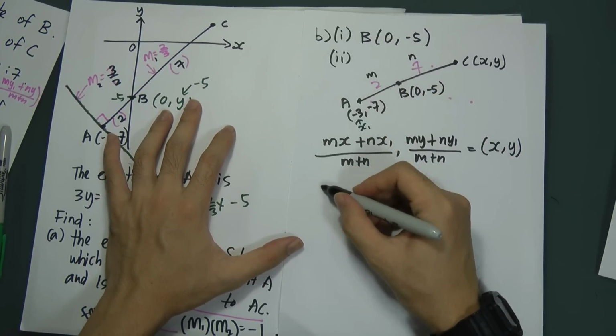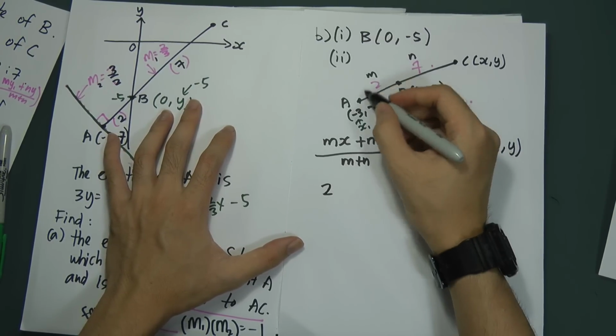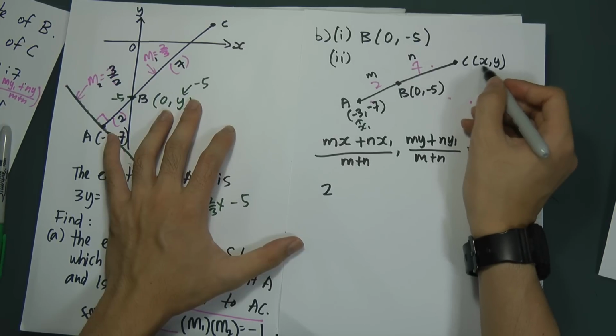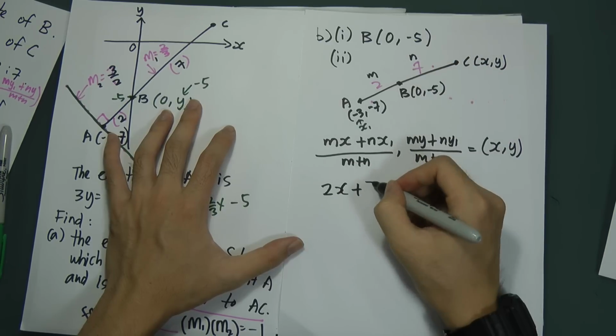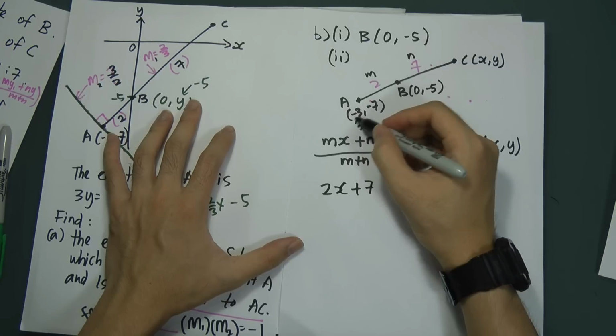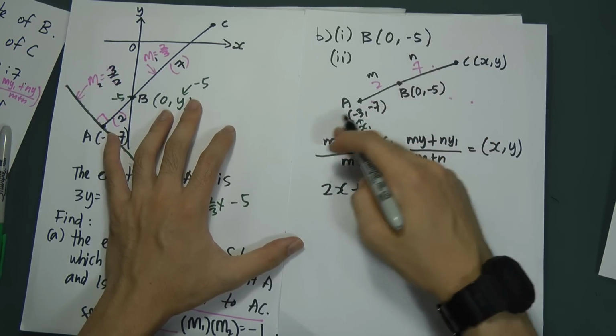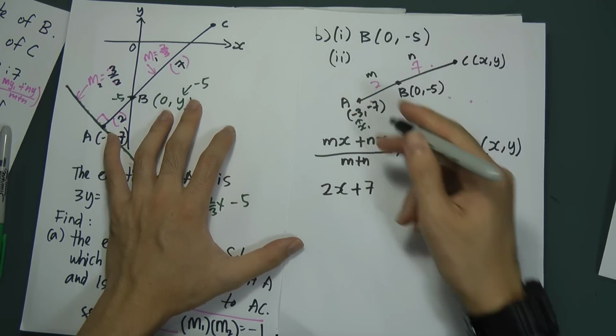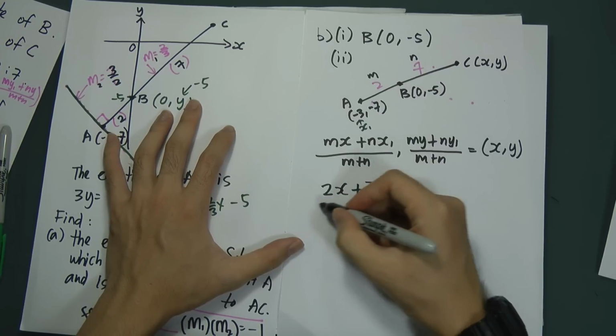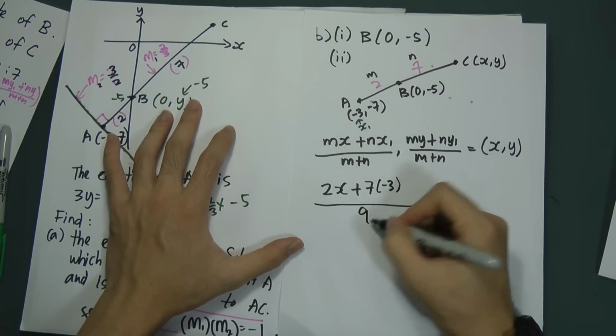m is 2, right? So 2 multiplied by the x coordinate. This is 2 multiplied by the further one. This is x, so I put x. Plus n. n is 7, multiplied by the further x coordinate. Because here is everything for x, here is everything for y. So 7 multiplied by x is -3. Divided by 2 plus 7, 9.